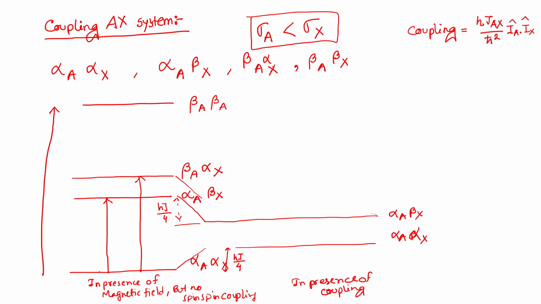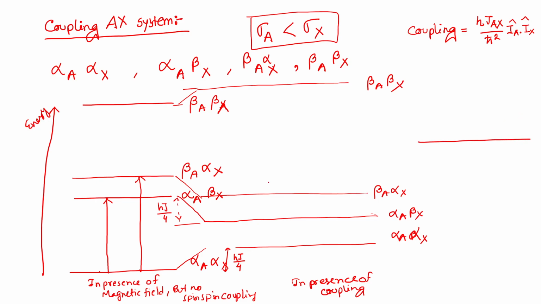Similarly, this state is also going to be stabilized by the same factor, but this state, beta A beta X, is going to destabilize by the same factor. Sorry, here I have written it wrong. This is your energy scale, and this is your new energy state in presence of coupling.